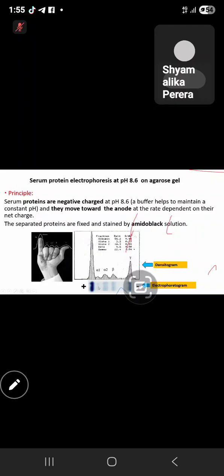The lower image, where you can observe the positive and negative ends and the separated band pattern, is the electrophoretograph. These two images are different, and you need to use these two terms.